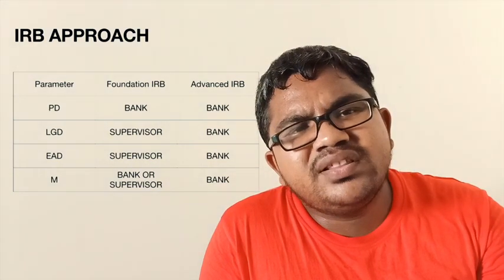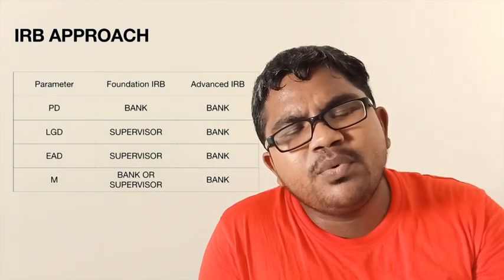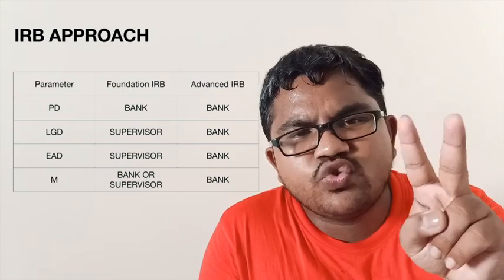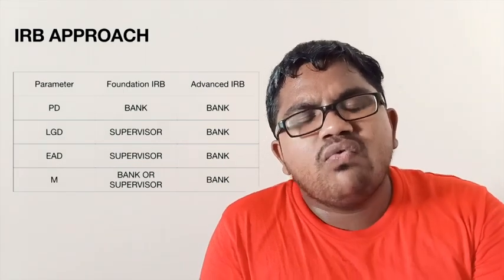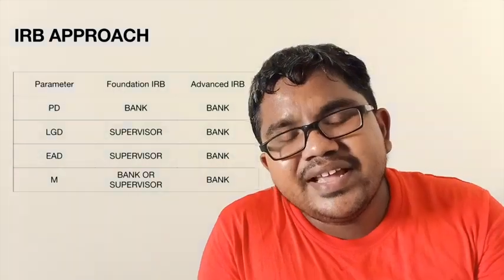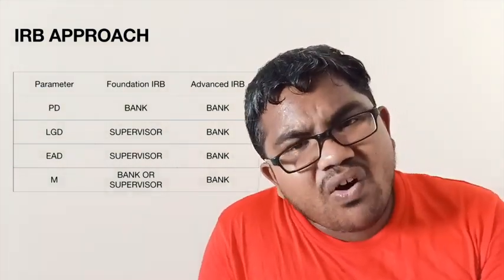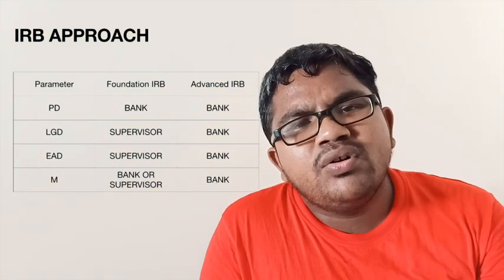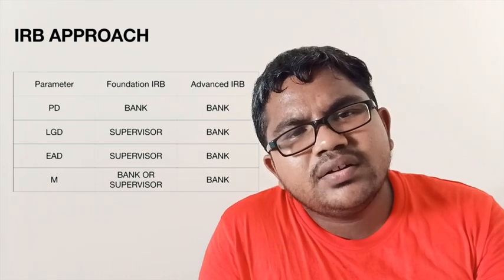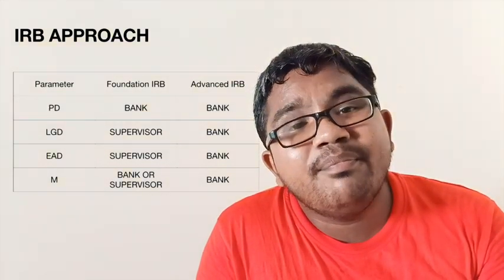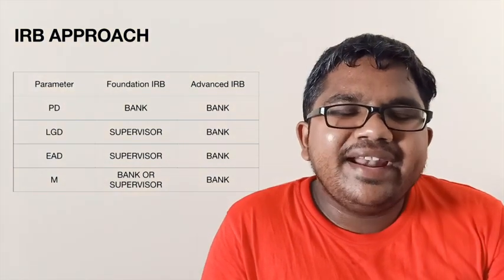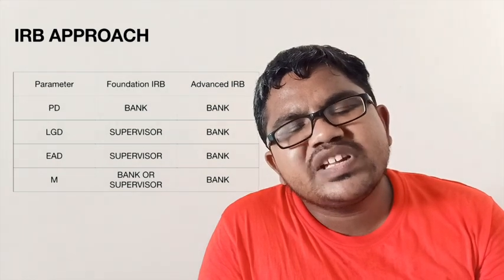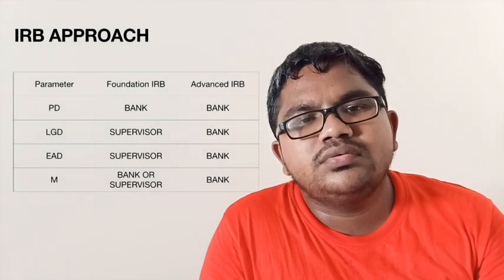Based on these data inputs provided by the entities, the internal rating based approach is divided into two categories. One is the foundation based approach and the next one is the advanced internal rating based approach. In the foundation based approach, only the probability of default is provided by the bank and the remaining data inputs are provided by the supervisor itself.